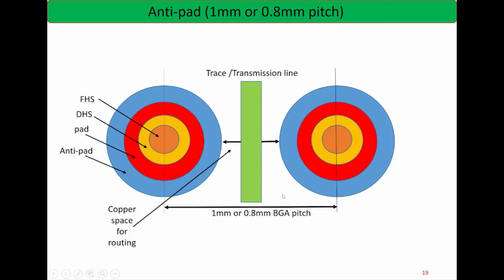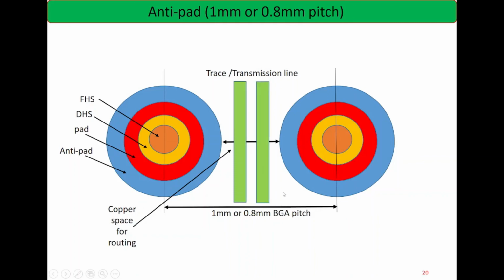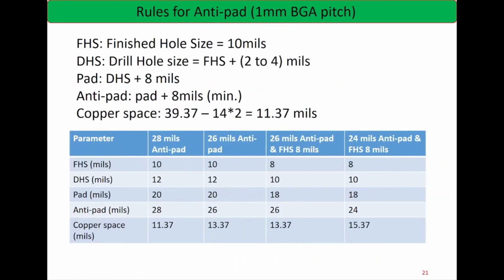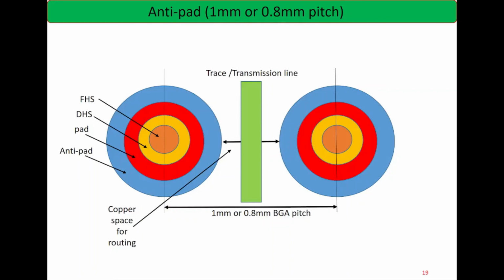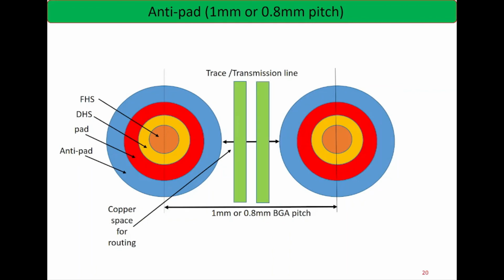So all this calculation is done to check whether the copper space is good enough for the transmission line to pass between the two via anti-pads or two BGA regions. If you have only one BGA region with anti-pad, and there is no anti-pad on the other BGA region, then you are fine.